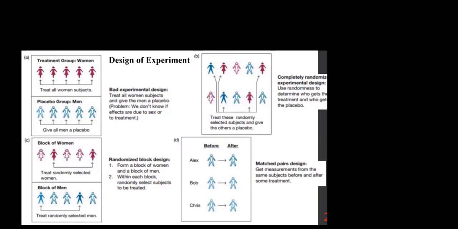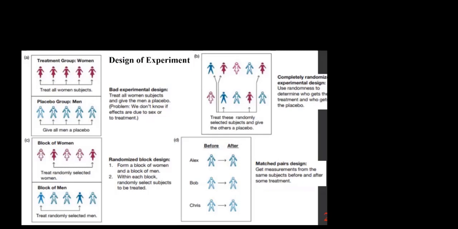And of course, as far as the matched pair design that was discussed, get measurements from the same subjects before and after some treatment. For example, if you're looking at the effect of blood pressure medicine before and after for some person. So that's the idea behind it.